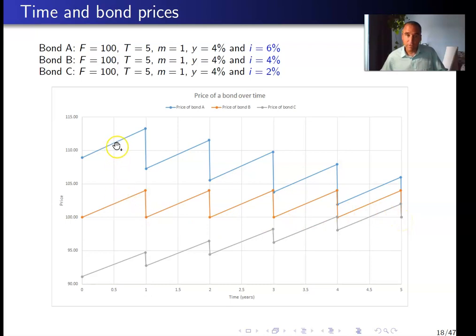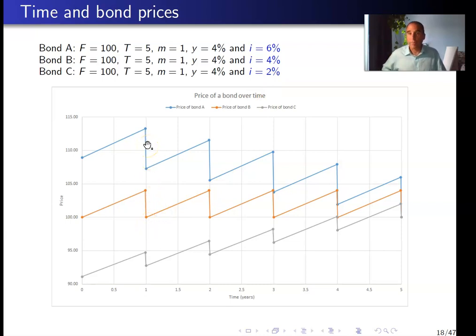And each of these bond prices go down by the amount of the coupon payment 1 second after each coupon payment. So the fall of the bond selling at a premium is larger than the fall of the bond selling at par, because here a coupon is 6.